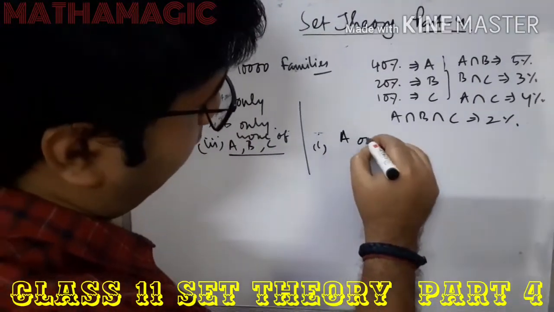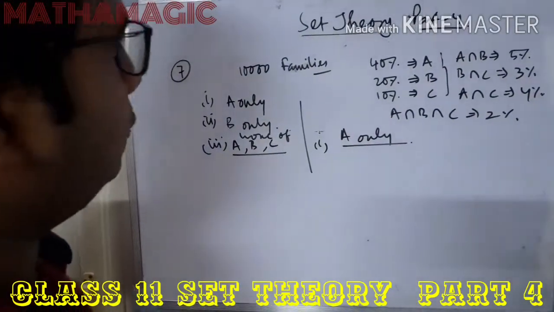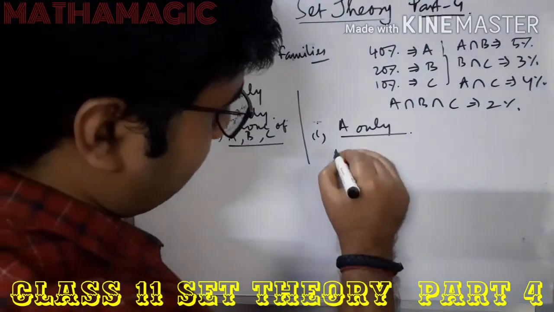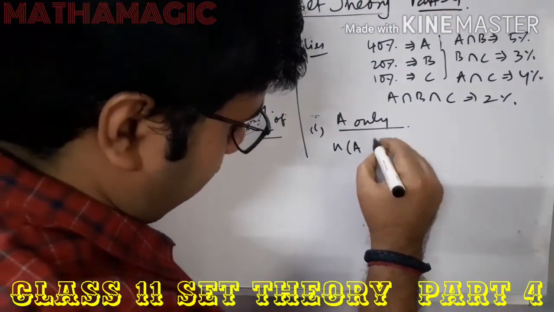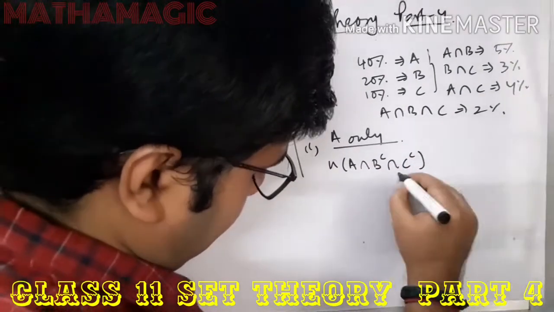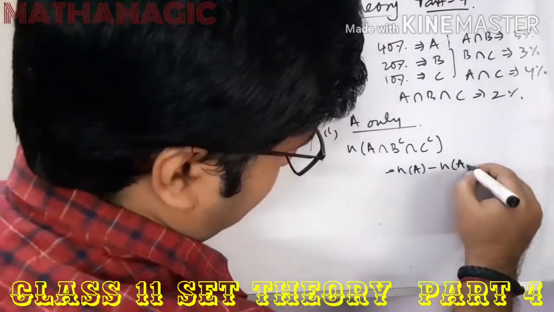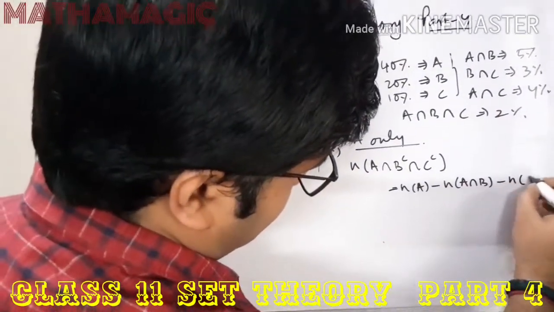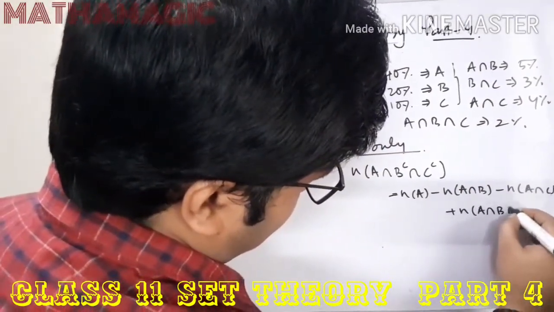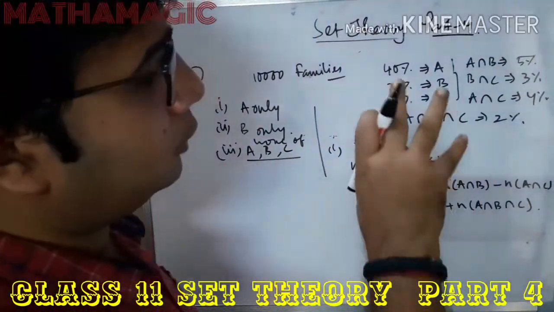So A only, we need to find the number of families who read newspaper A only. In this problem we need to use the formula: n of A only equals n of A minus n of A intersection B minus n of A intersection C plus n of A intersection B intersection C. See, this problem can be solved in 2 ways.